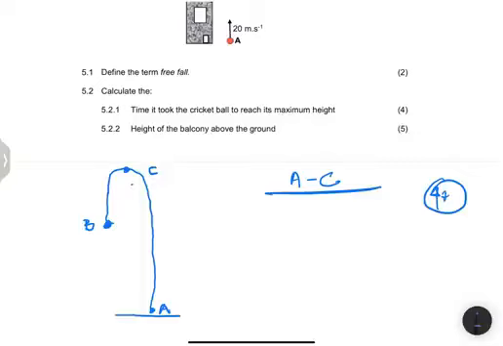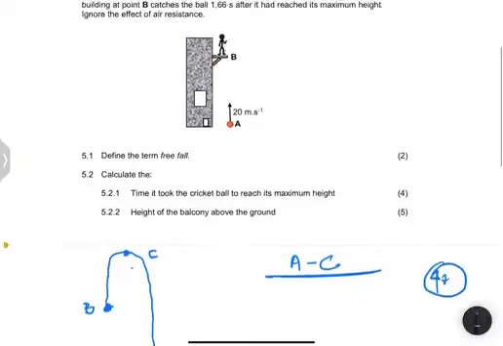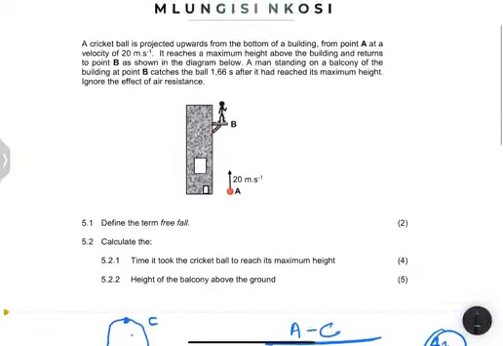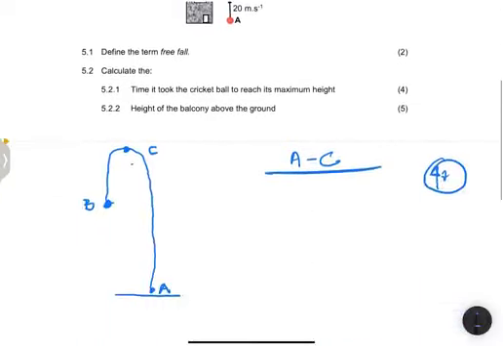Now, we know the ball was projected at 20 meters per second upwards, so its initial velocity would be positive 20. And why is it positive? Because we've chosen up to be positive. When it gets to point C, that maximum height, we know that it will stop momentarily, so the velocity is 0.